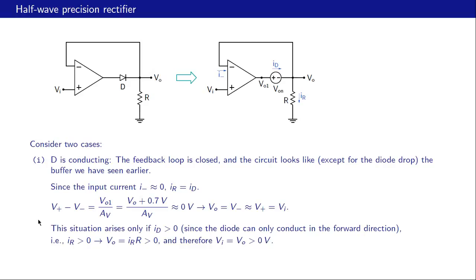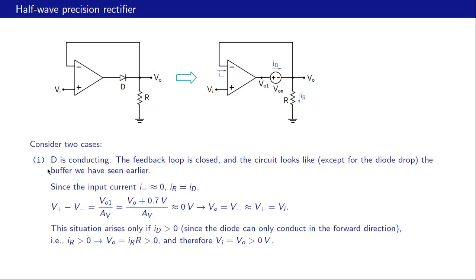Okay, now let us figure out when this situation happens. That is, when does D conduct? This situation arises only if ID is greater than 0, because that is the only way the diode can conduct. It cannot conduct in the reverse direction. And therefore since ID and IR are equal, that is our current path, IR is also positive, and therefore VO, which is R times IR, is positive.